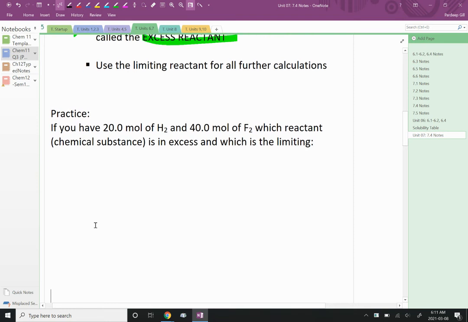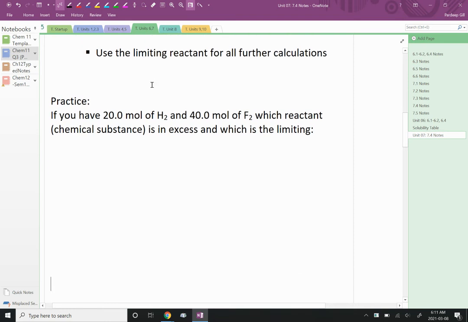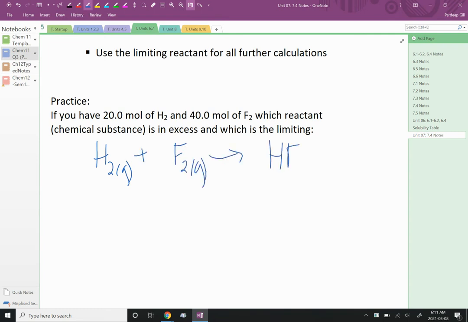If you have 20 moles of H2 and 40 moles of F2, which reactant is in excess and which is the limiting? So let's go ahead and set up our equation here. We can just leave it if we don't know the phase 100%.